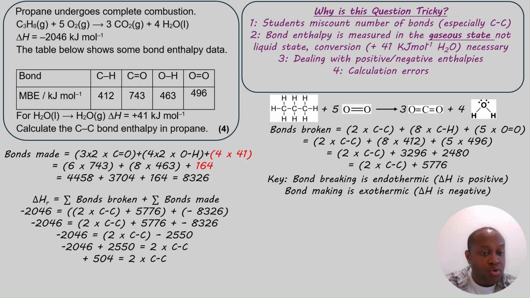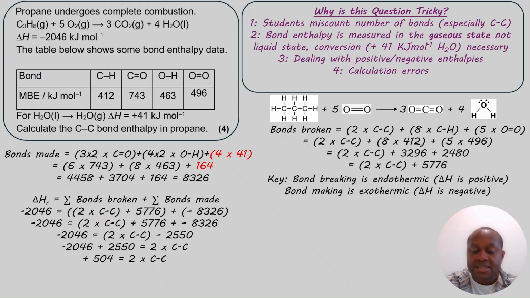If we put this together and simplify, we will have negative 2046 is equal to 2 times C-C minus 2550. If we collect like terms together, negative 2046 plus 2550 will give us 2 times the carbon-carbon single bond, and then we get positive 504 is equal to 2 times the carbon-carbon single bond.